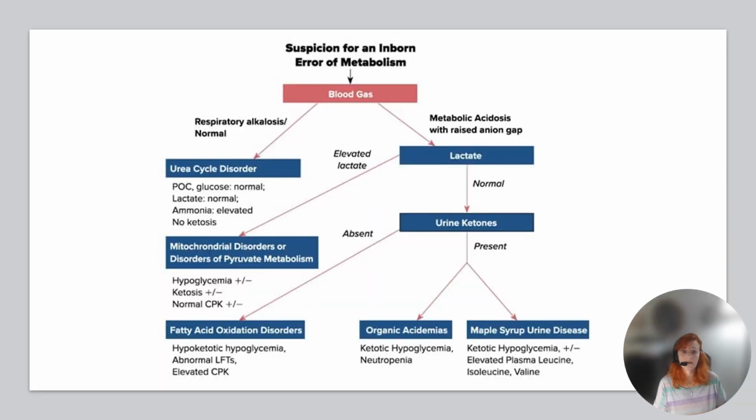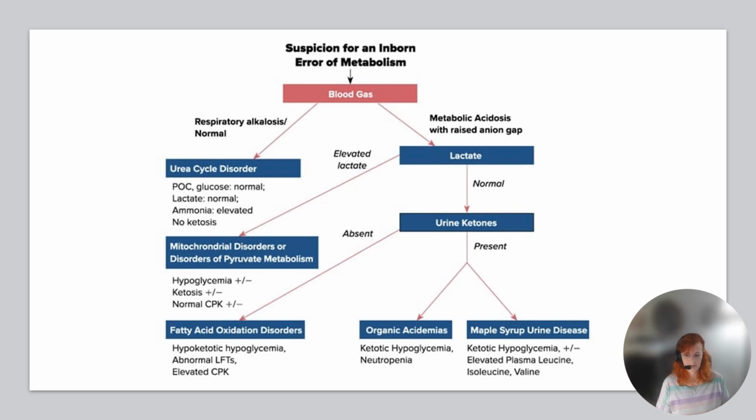All right, and then here is our blood gas. I thought this was very interesting to provide some information on. If we suspect that this newborn has an inborn error of metabolism, when we do our blood gas, this is a nice little chart that can help steer us in the right direction, right? It breaks down a little bit what we may see in our blood gas.